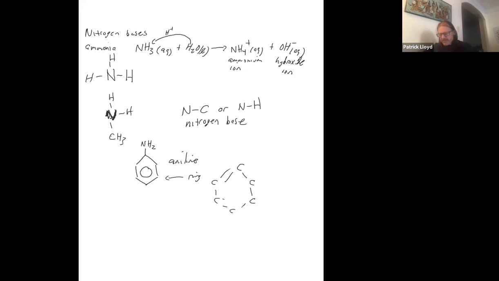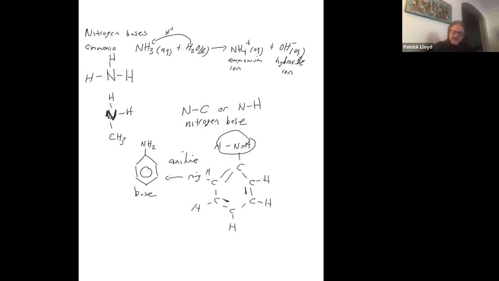We're not going to talk about what that little circle means. It has to do with chemical bonding, which we'll get into later in the course. But essentially with aniline, each carbon has one hydrogen, and then this one has the NH2. So that's an NH or an NC. So that is definitely a base. So aniline is a base.